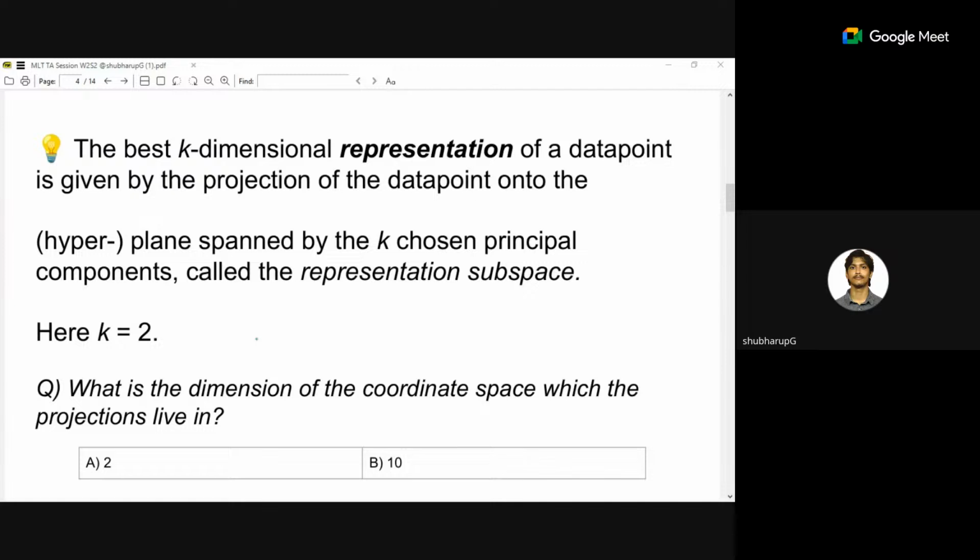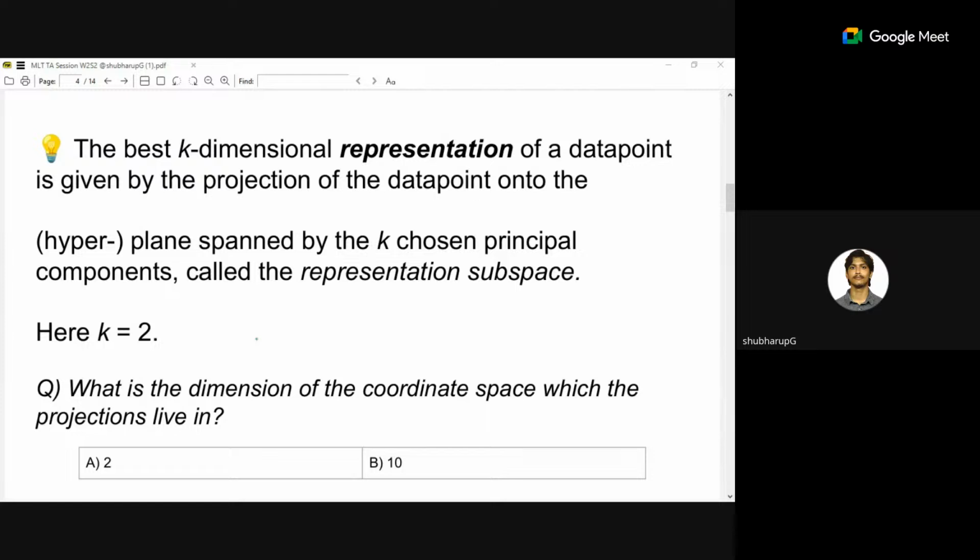But so this is what this question is about, right? If I have a data point in 10D, I project it onto a 2D subspace. Same thing. I have a point in 3D, the location of the light bulb, and I project it onto the table, which is the surface of the table, kind of like a 2D subspace, or the floor maybe.